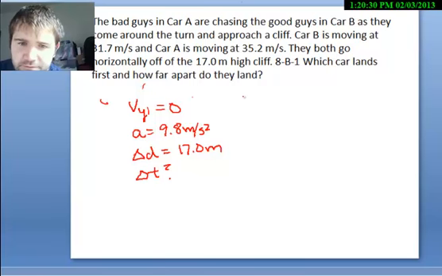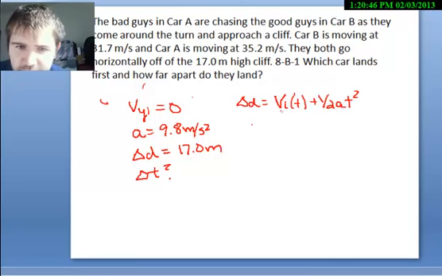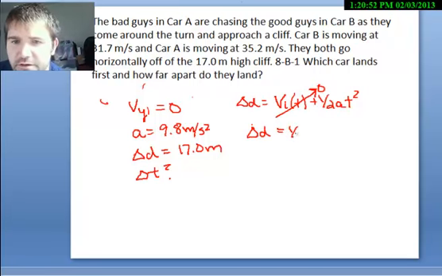So we know that change in distance is equal to velocity initial times time plus 1/2 acceleration times time squared. And we also know that my velocity initial is 0, so this falls out. And now change in distance just equals 1/2 acceleration times time squared.